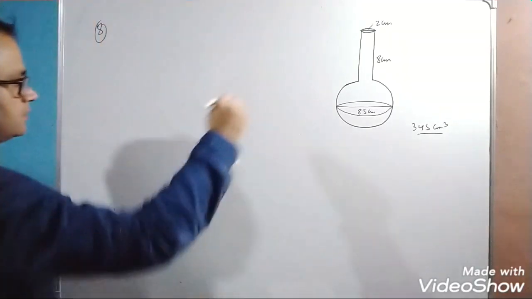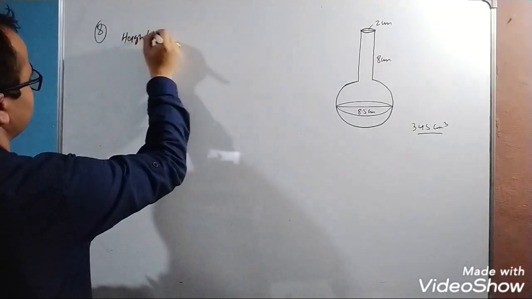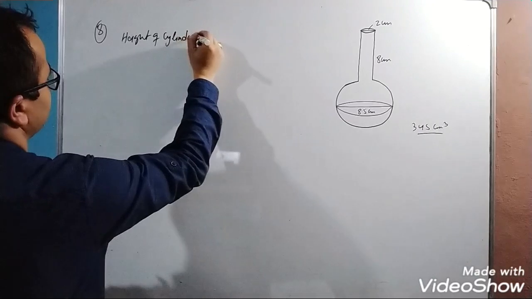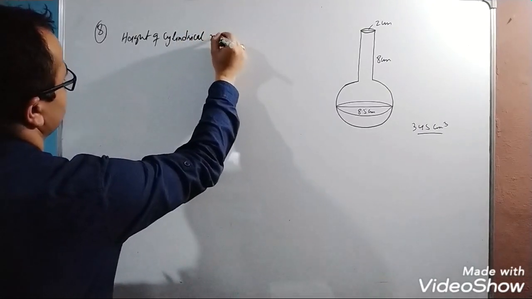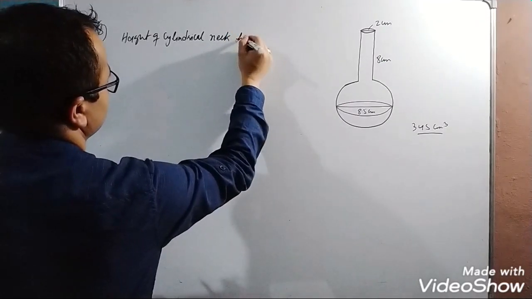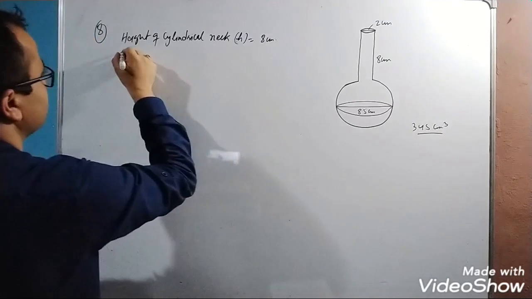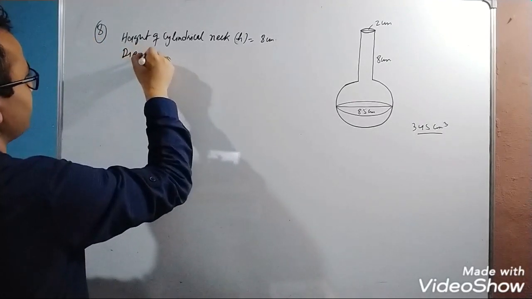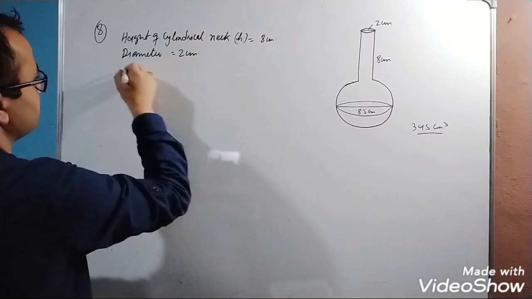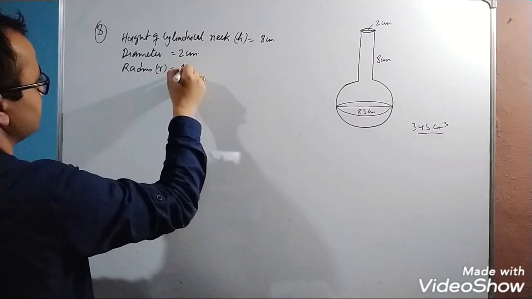First we will consider the height of the cylindrical neck, h equals 8 centimeter. Diameter is 2 centimeter, so radius r equals 1 centimeter.